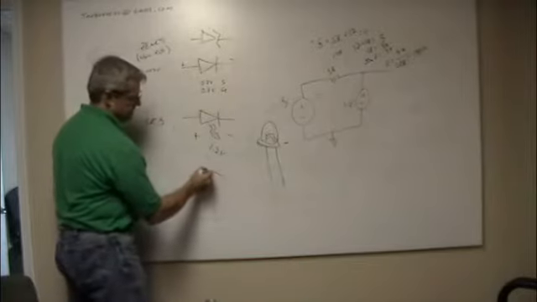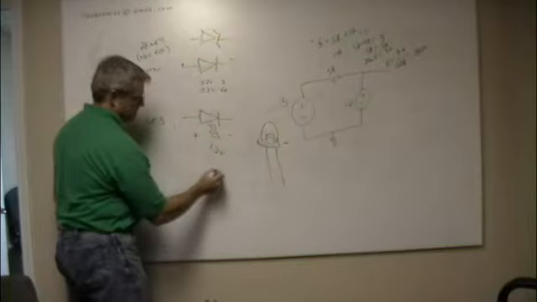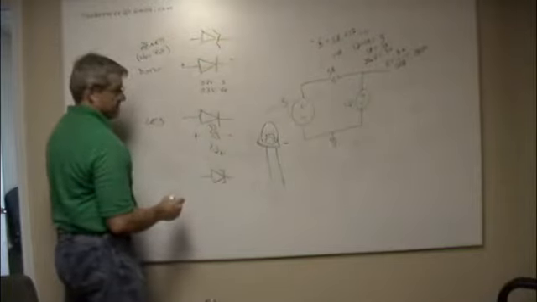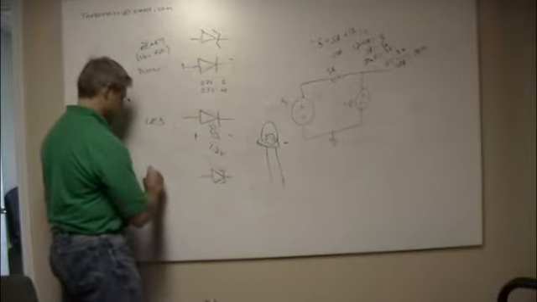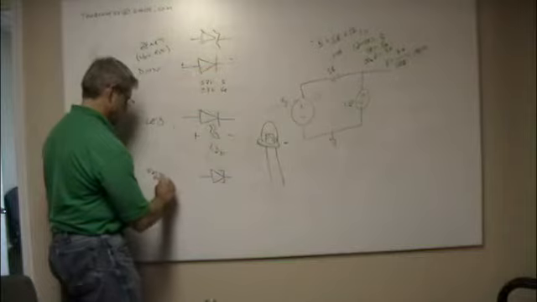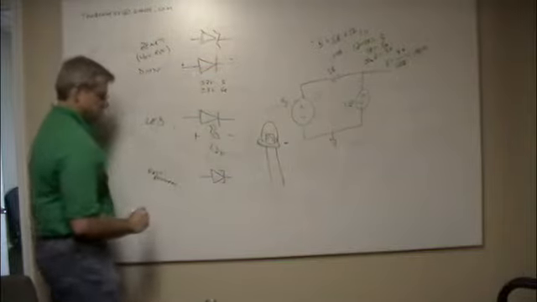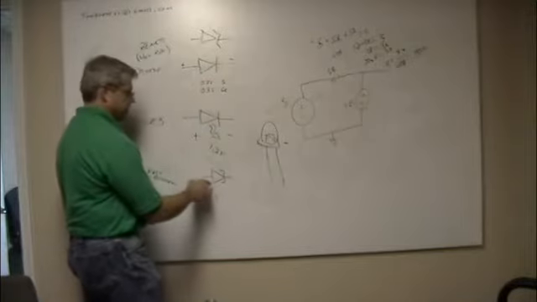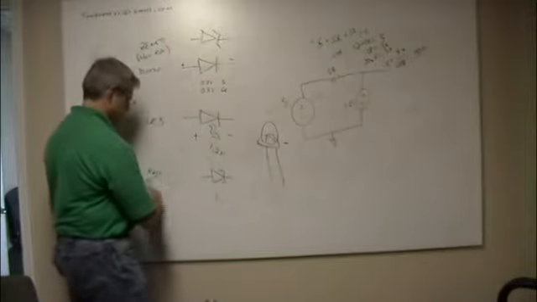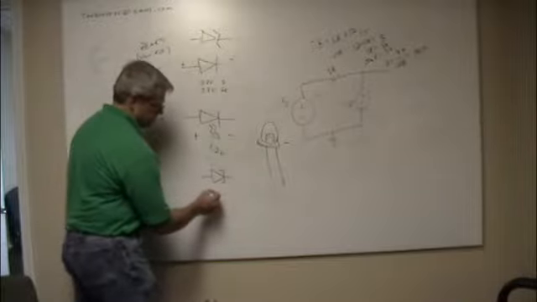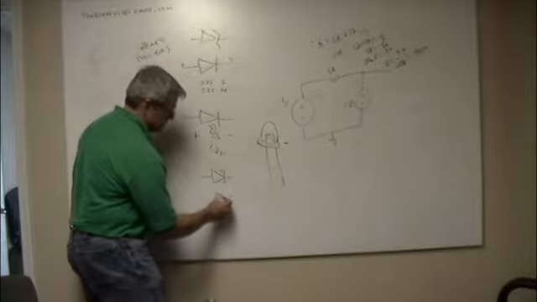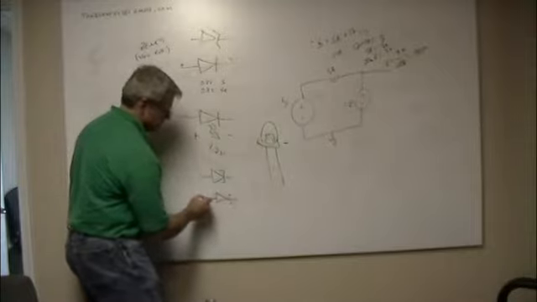There is a fast recovery, I think is what that's called. There's a tunnel diode? That might be a tunnel diode. This is how often I use these, right? There's a Shockley, I think.